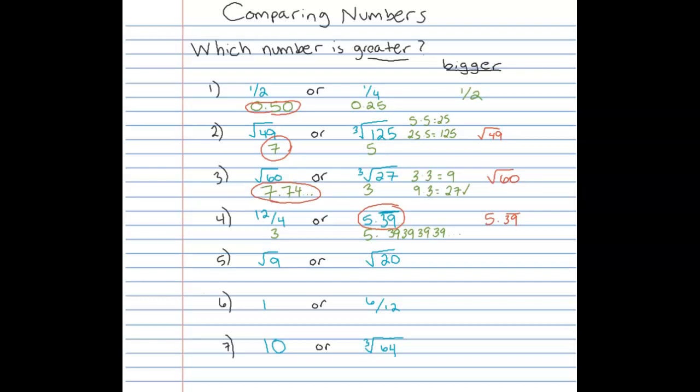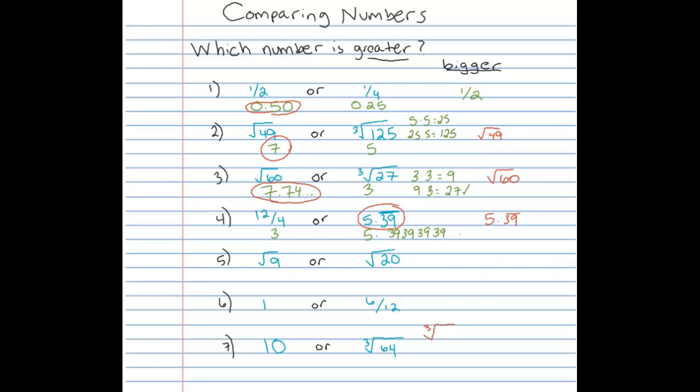All right, I'm going to give you guys the opportunity to do the rest of them, but before we do, I do want to talk about number 7 with the cubed root of 64. I want to give you this hint. I'm not going to give you a cubed root of a random number, I have to make sure it's a perfect cube.